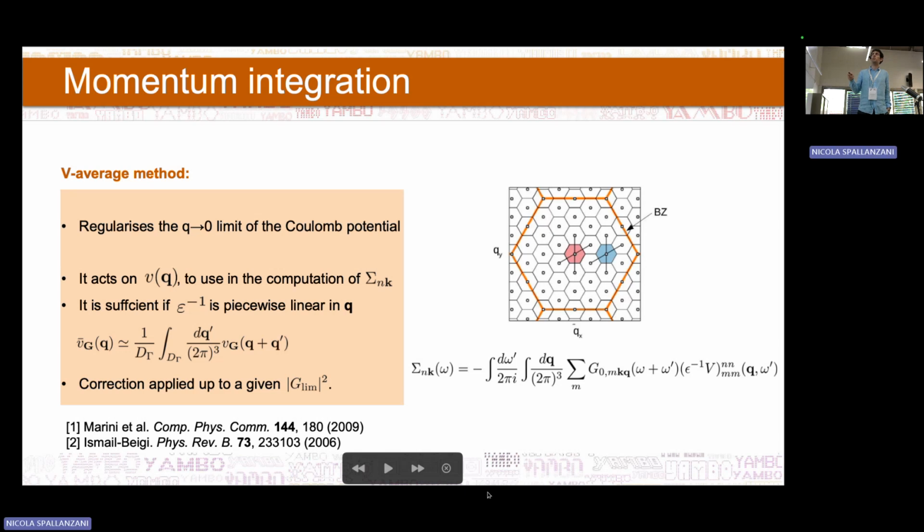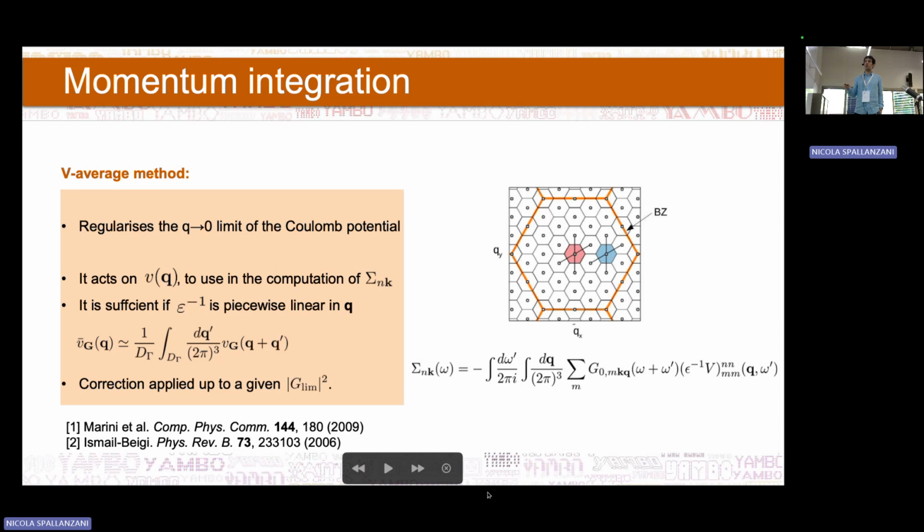Your Brillouin zone can be split into different sub-areas that are all associated to the different points of the K-mesh you used in your simulation. So basically, you are splitting your Brillouin zone into different smaller integrated points. And within this area here, you do the exact integration of the bare Coulomb potential.